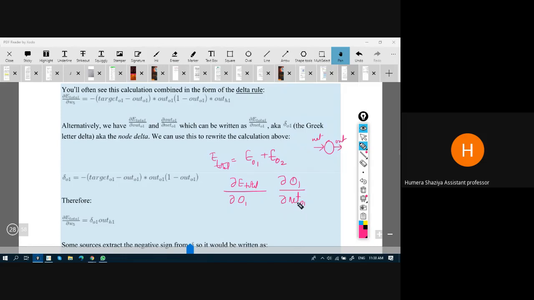So whatever input this O1 is receiving contributes to the value of this output. And then further, this can be written as del E total over del net O1.